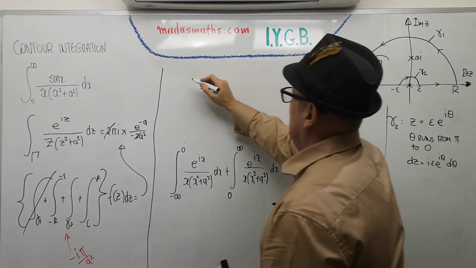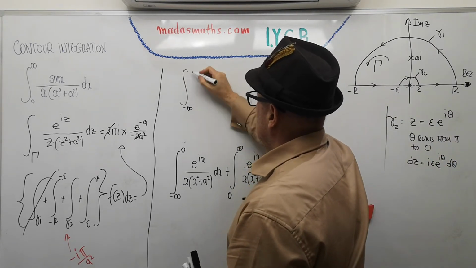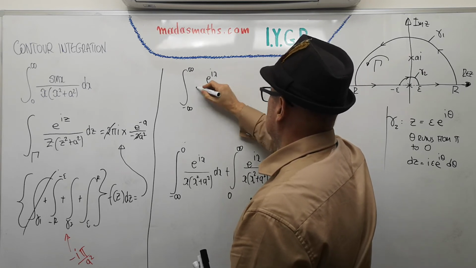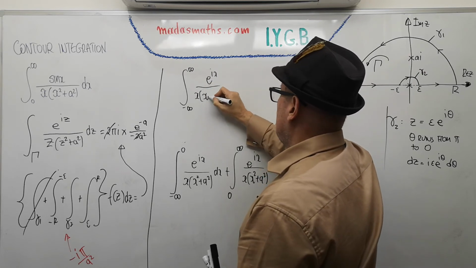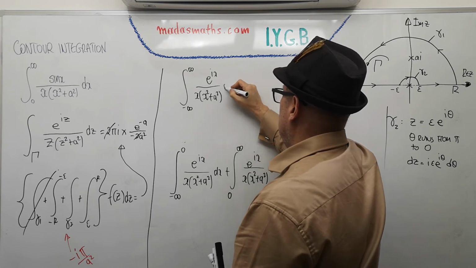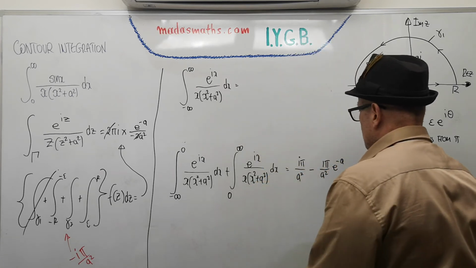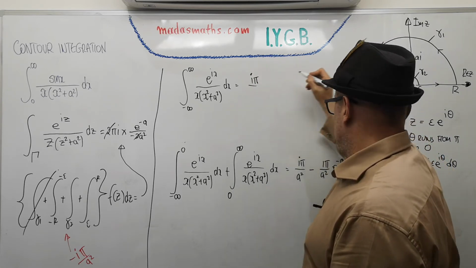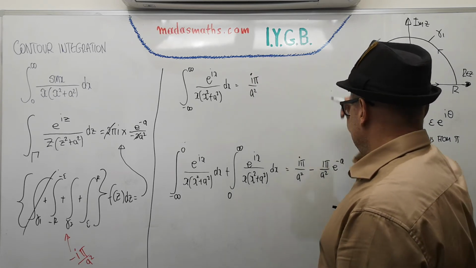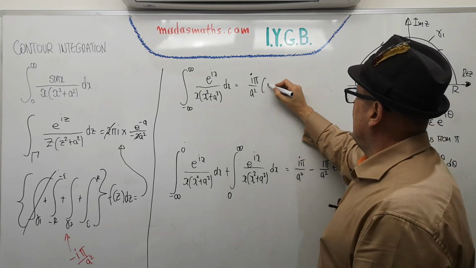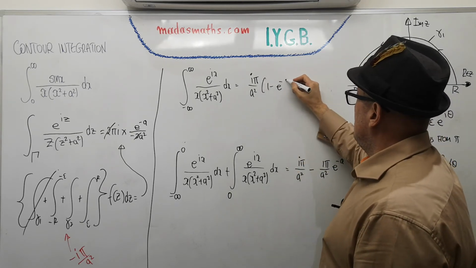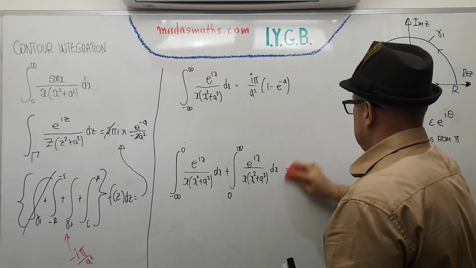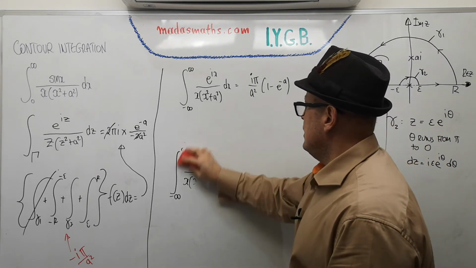We're going to get the integral from minus infinity to infinity of e to the ix over x squared plus a squared dx is equal to, let's factorize the i pi over a squared, and that will leave us 1 minus e to the minus a, and split the integrand into real and imaginary.